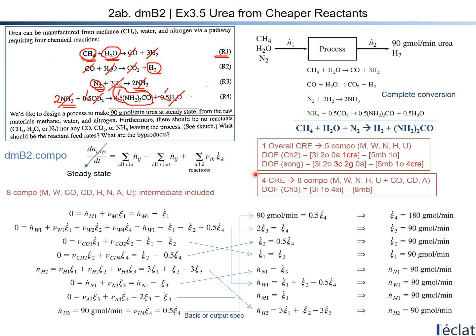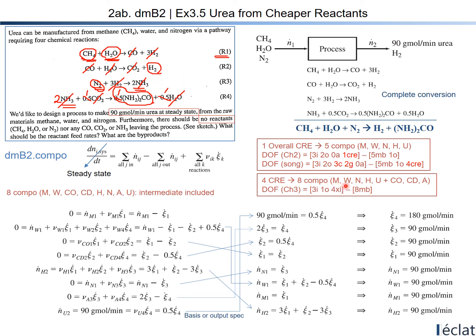So here I have written down 4 chemical reaction equations. It means we should consider all compounds involved in those 4 chemical reaction equations. It means we should think about the intermediates in addition to the raw materials and the product. So how many compounds are there for all of the 4 chemical reaction equations?